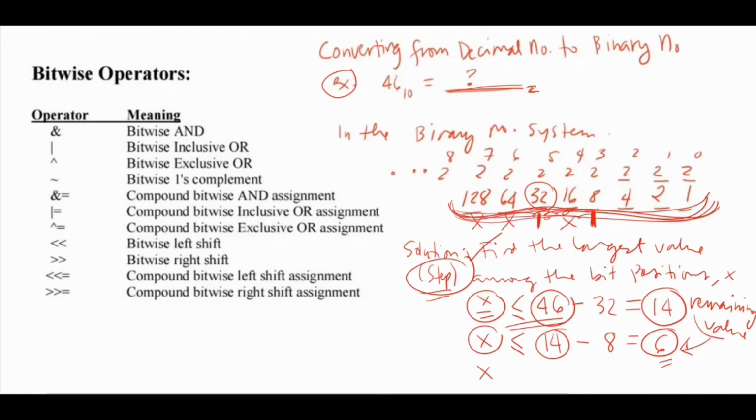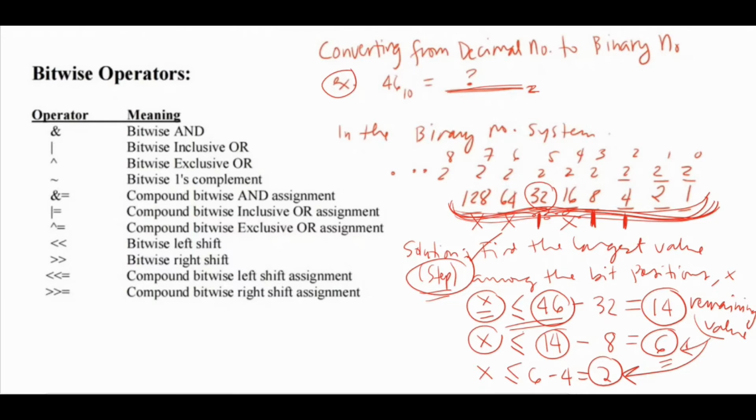We call X the largest among these values but less than or equal to 6. It is 4, right? So we set 4 to 1, and we subtract 4 from the remaining value 6. So 6 minus 4, the remaining value is 2. So this time our remaining value is 2.